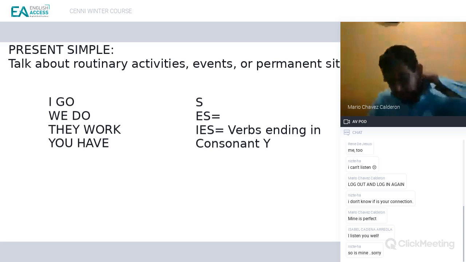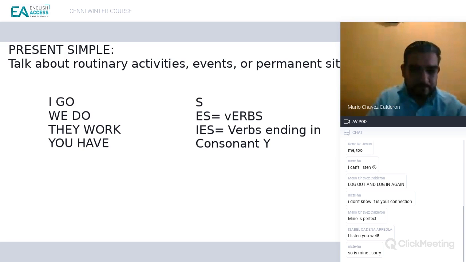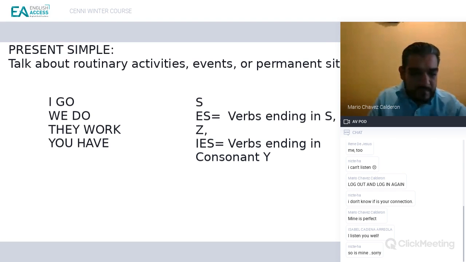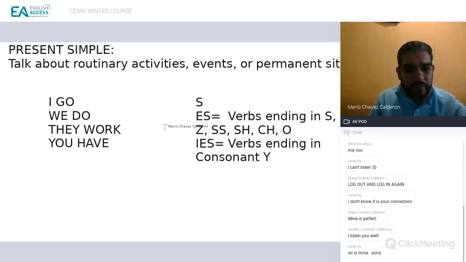When the verbs end in the letters S, X, Z, double S, SH, CH, or the letter O, then we add ES.